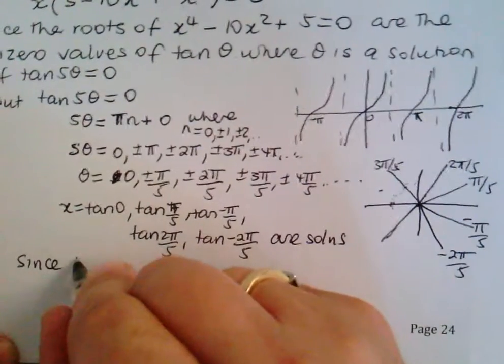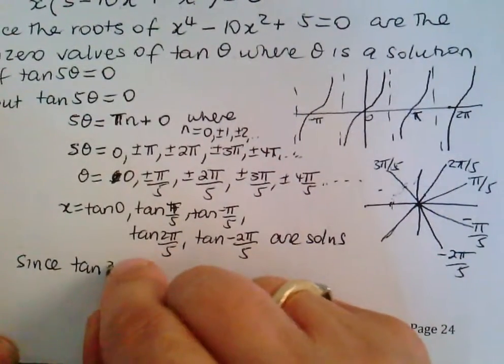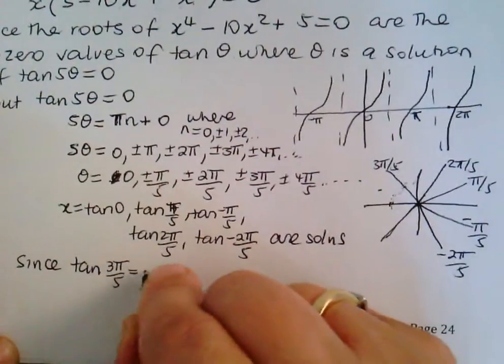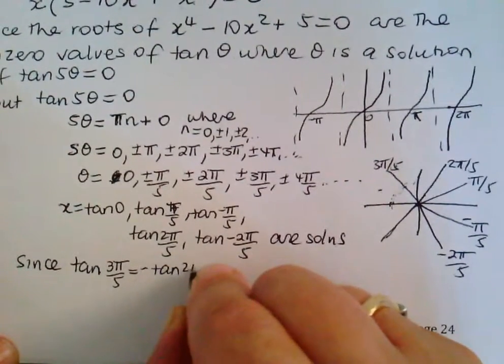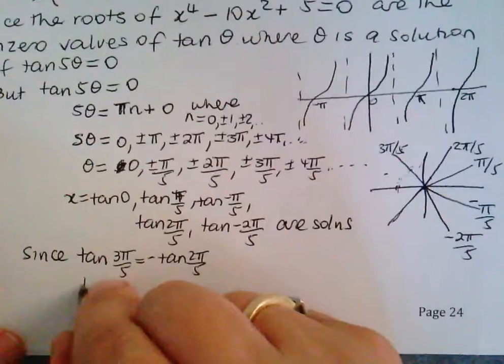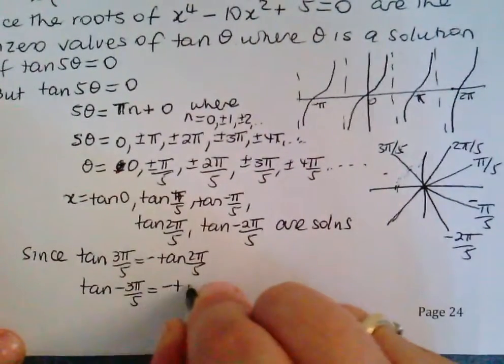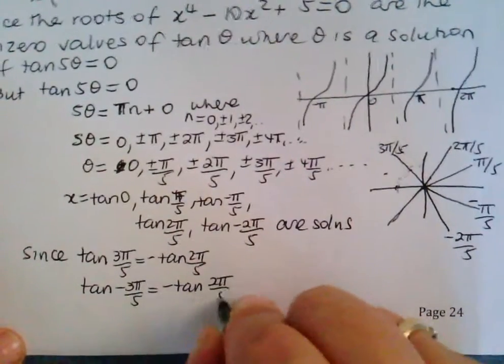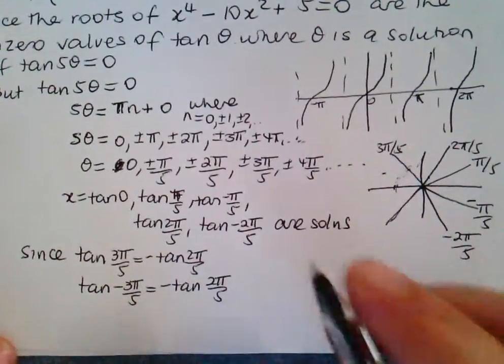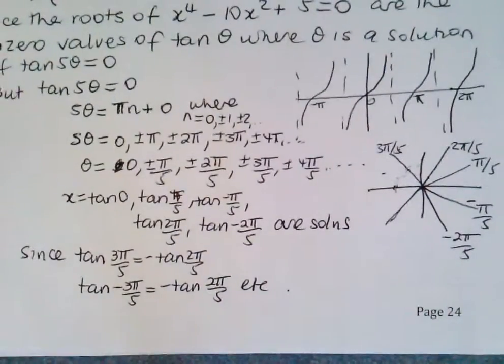Since tan of 3 pi on 5 equals negative tan of 2 pi on 5, and tan of negative 3 pi on 5 is also equal to negative tan of 2 pi on 5, etc. Got it?